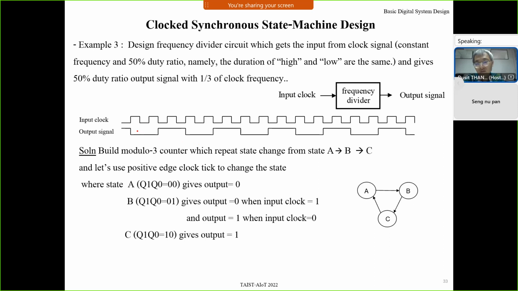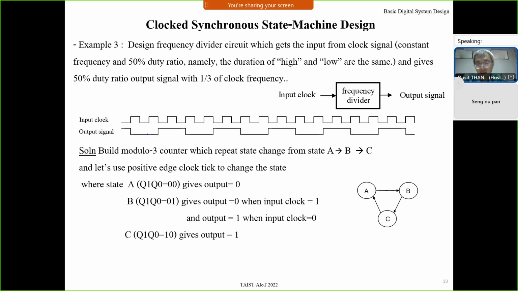So from this problem, at first I must consider how many states, right? If you note, this clock period and this one and this one, 1 2 3, is one period of the output signal. At the beginning, maybe this to this, the first period, let's call state A. State A output is 0.